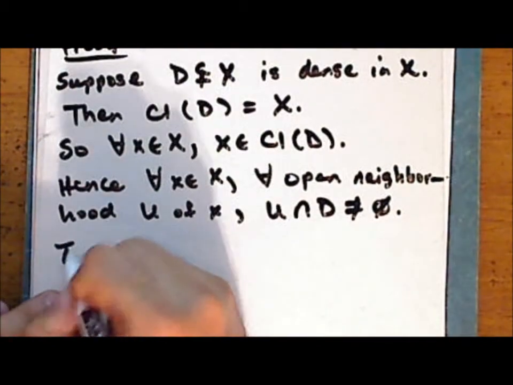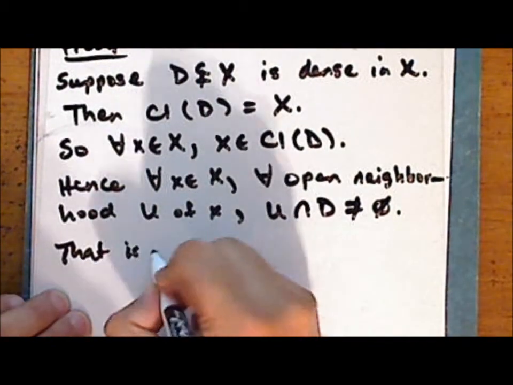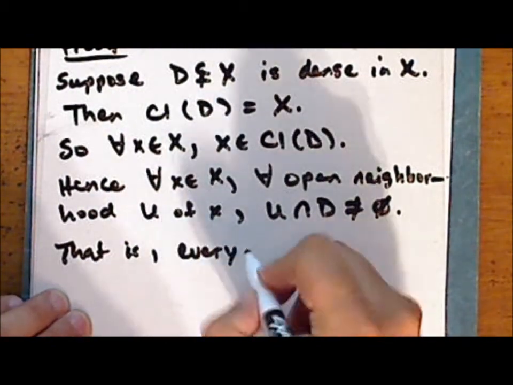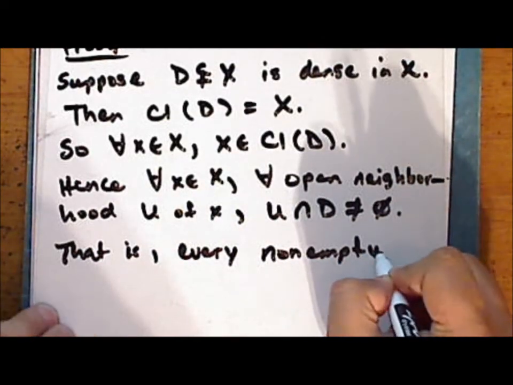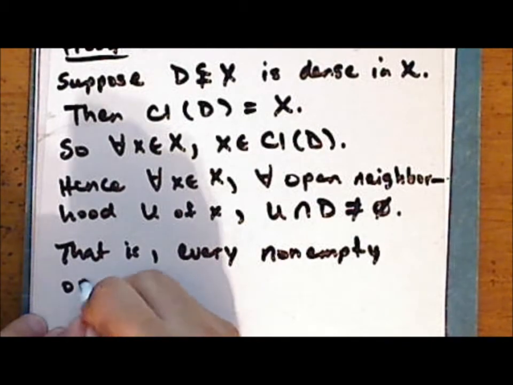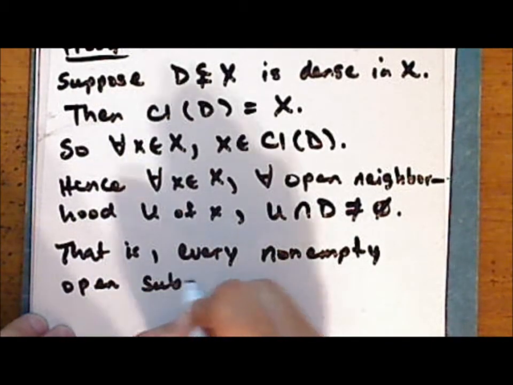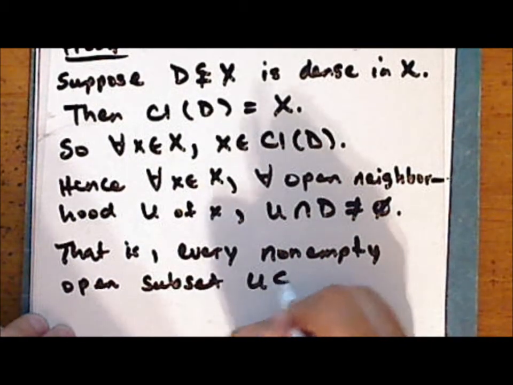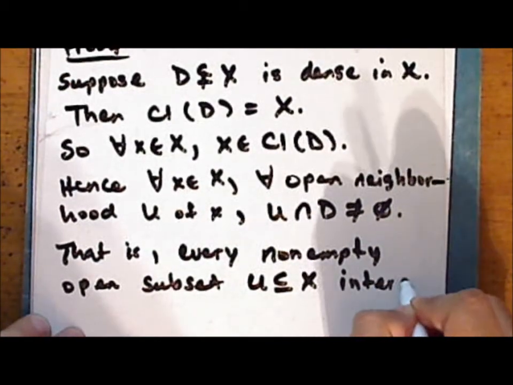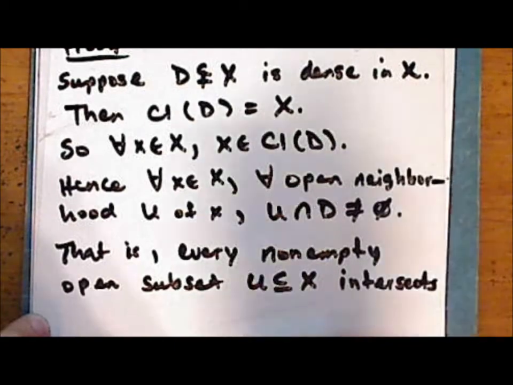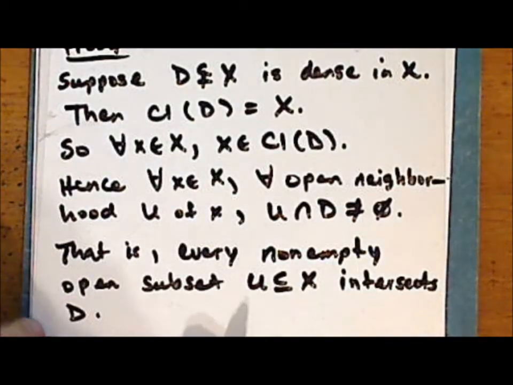That is, every non-empty open subset U of X intersects the set D.